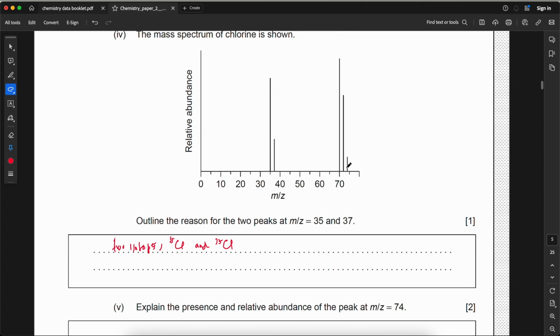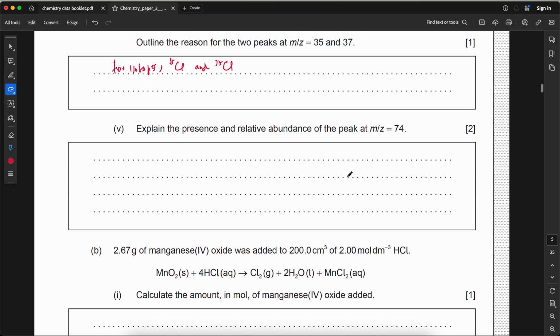Explain the presence and relative abundance of the peak at 74. So this one at 74 here. 74, we can get it by 2 times 37. So 37, sorry, this one 35 and then 37. Okay, so 74, you can get it by 2 times 37. It means it has 2 Cl-37, because you know Cl is not one atom, it should be a molecule.